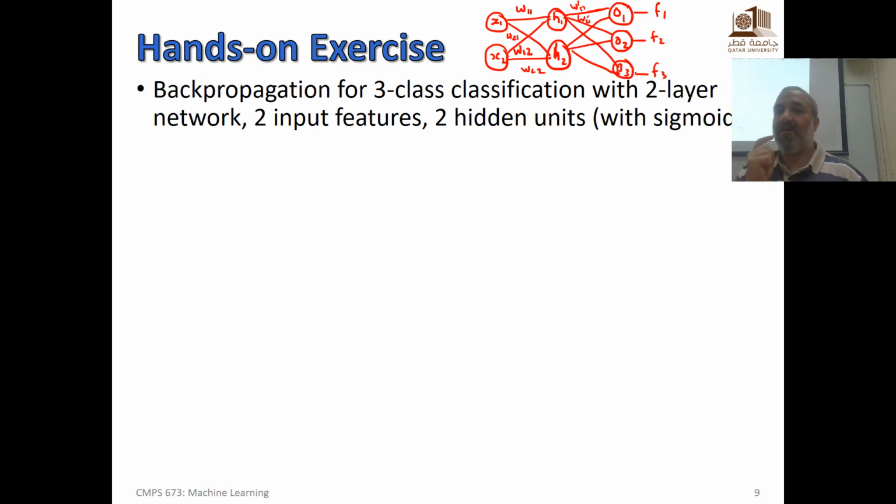Now we need to draw the computational graph to do backpropagation, right? Before we do any computational graph, we need to know what we are doing, and what the computational graph is for.